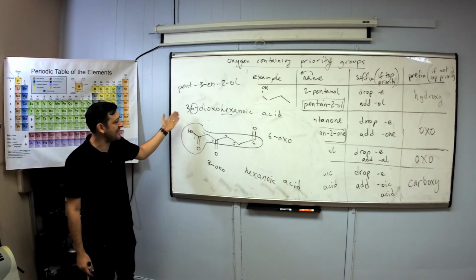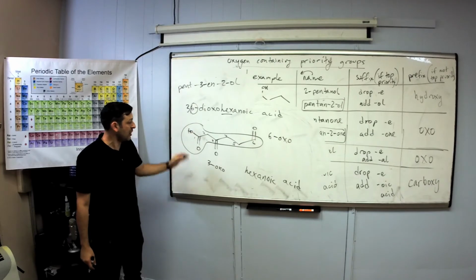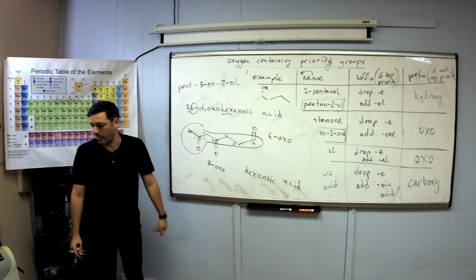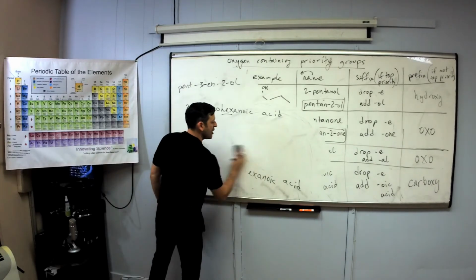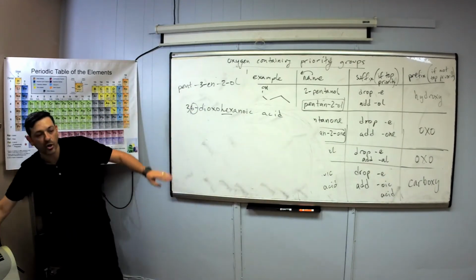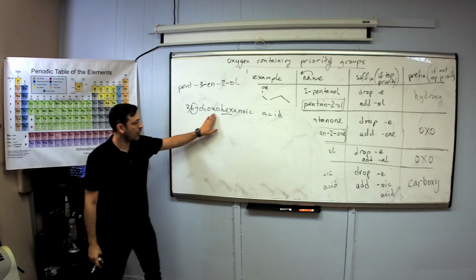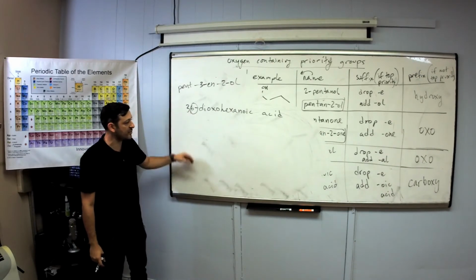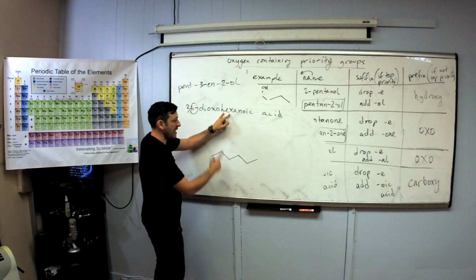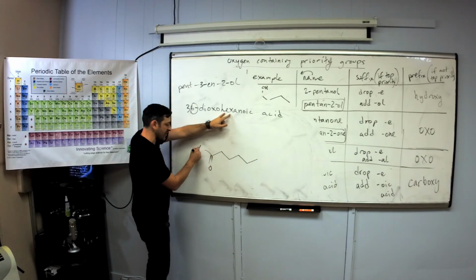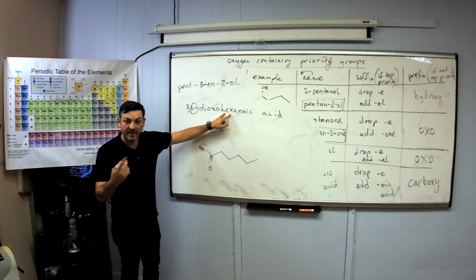Why won't I spend any time going from here to here? If you go from here to here, it's a joke to go in the other way. Just work the name backward. Okay, I'll spend 1 second. Watch how you work the name backwards. Don't even copy this down. Forget the substituents for a second. Hex, 1, 2, 3, 4, 5, 6. It's a carboxylic acid, so obviously you have that. And then number it because it's your chain.